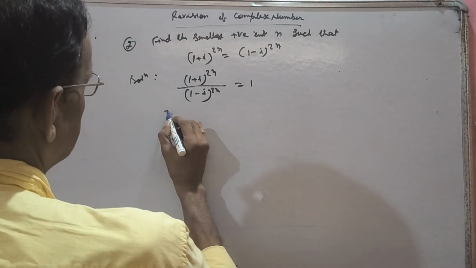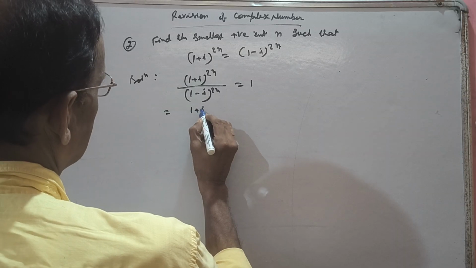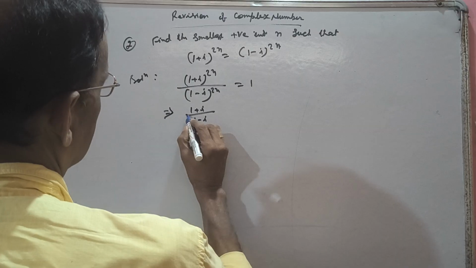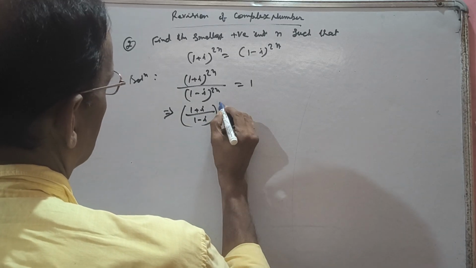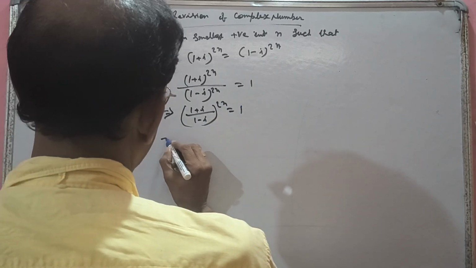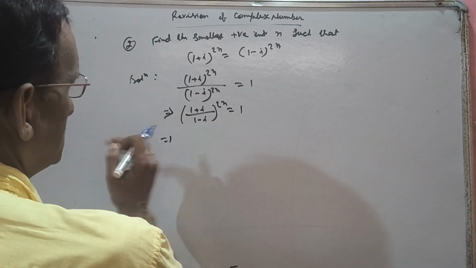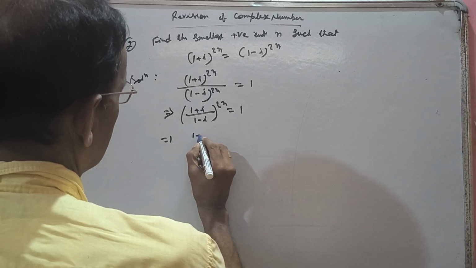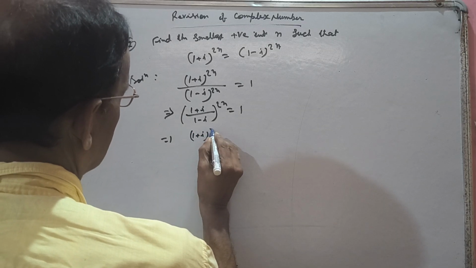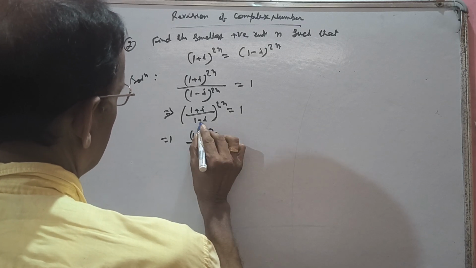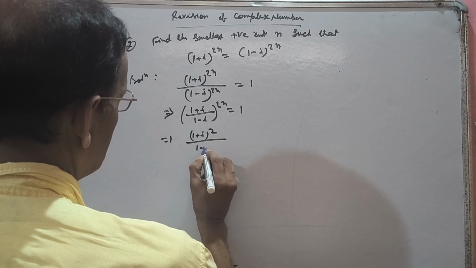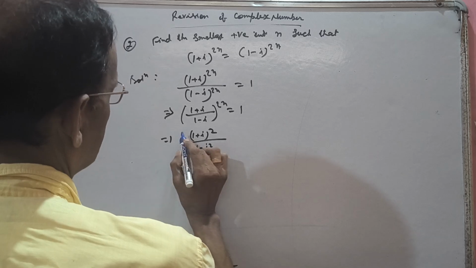So start now. We can write ((1 plus i) by (1 minus i)) whole to the power 2n is equal to 1. Now make the denominator real. So you need to multiply by 1 plus i. So what will be here? (1 plus i) whole square. When you multiply the denominator by 1 plus i, (a minus b) into (a plus b), we will get a square minus b square. Okay.